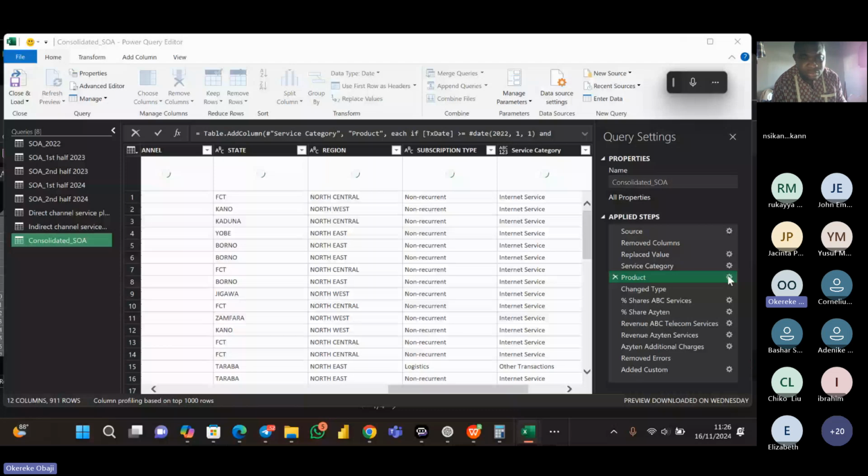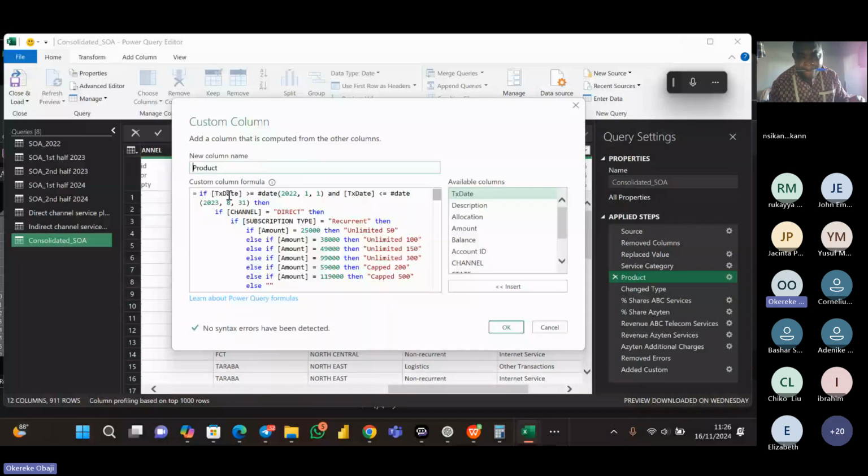The statement checks every entry in the consolidated SOA and checks for this date bracket. Then it checks for both when the channel is direct and when the channel is indirect. Then it checks for when the subscription type is recurrent. For the recurrent, it checks for this amount, then it is meant to return this product.